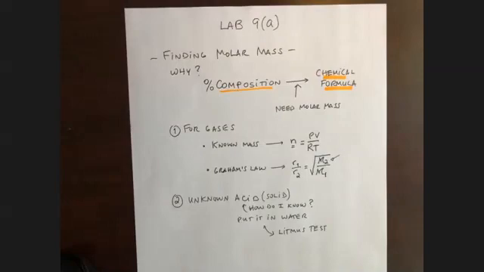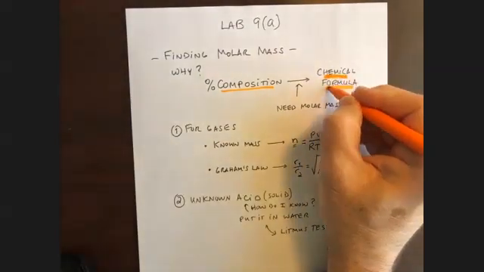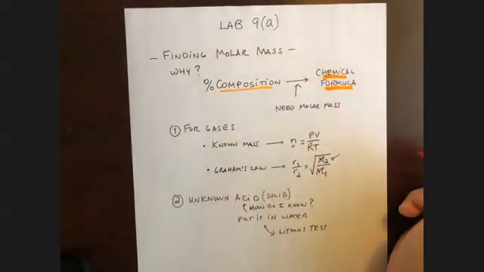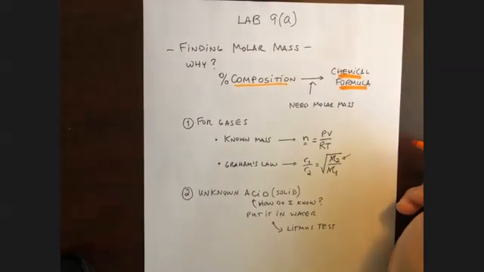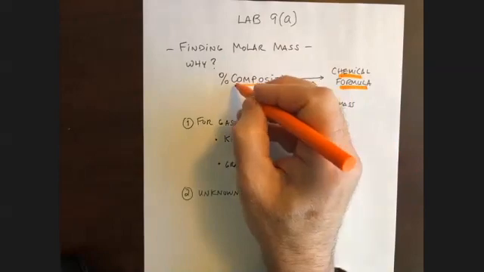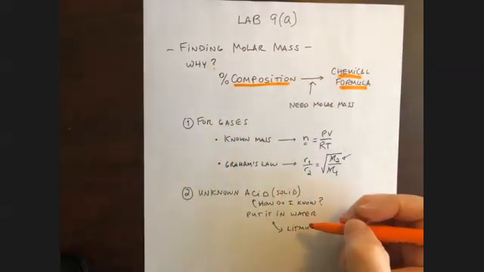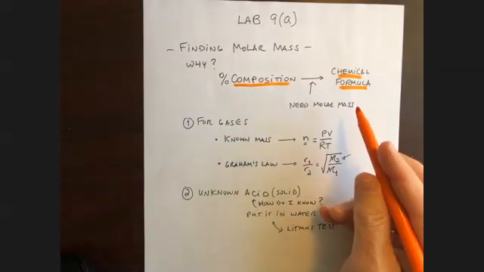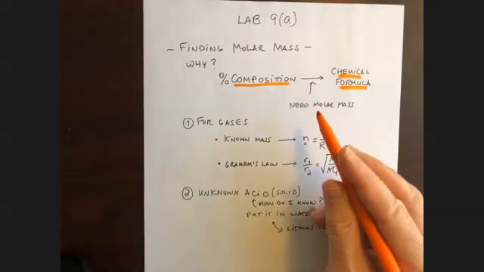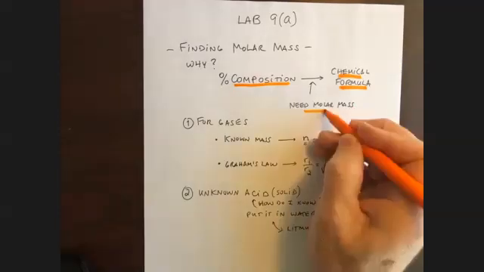Well, typically what we're trying to find out is the chemical formula of our compound. But what our experimental analysis gives us is the percent composition of the substance. In order to find the chemical formula from the percent composition, we need the molar mass.